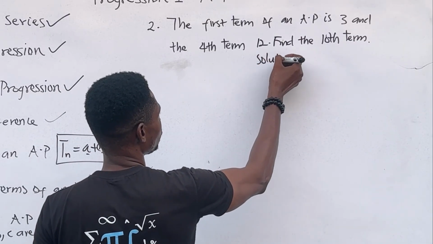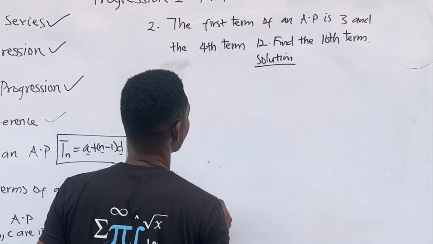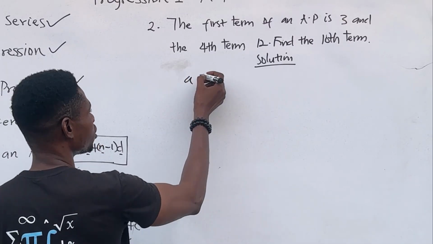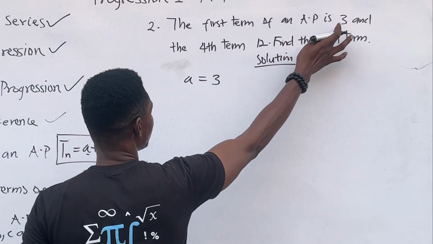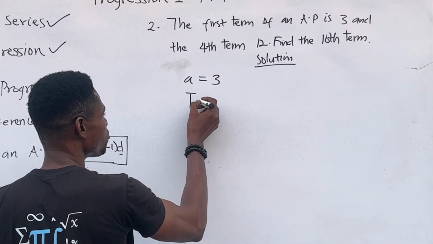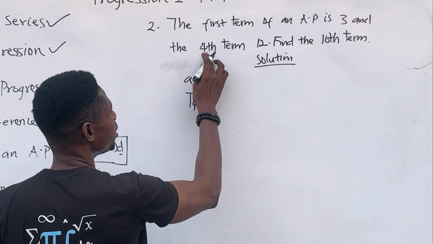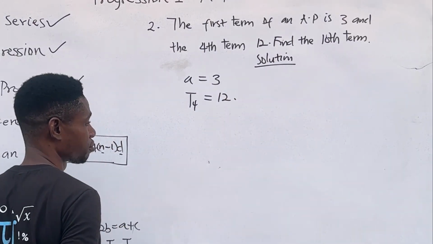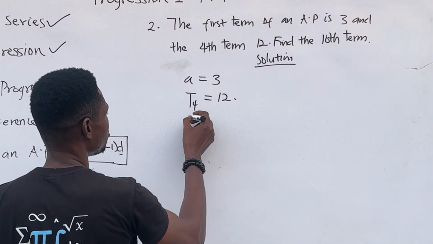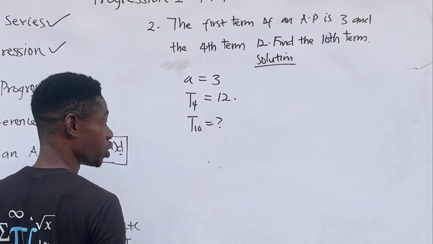So solution. The first term, A, as we've already established, is 3 according to the question. And they gave us the fourth term, T4. The fourth term is 12. Now we're to find the 10th term, T10, which is what we don't know.